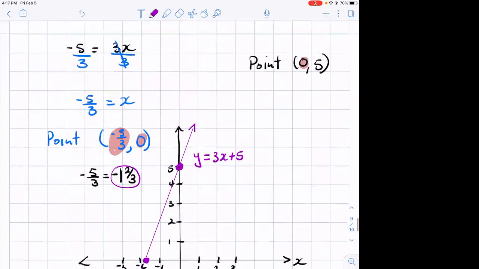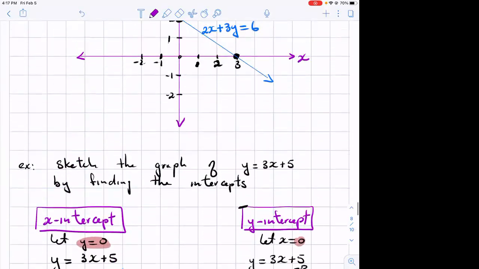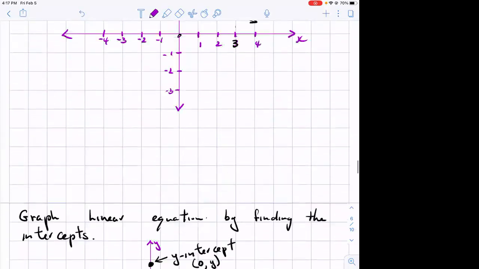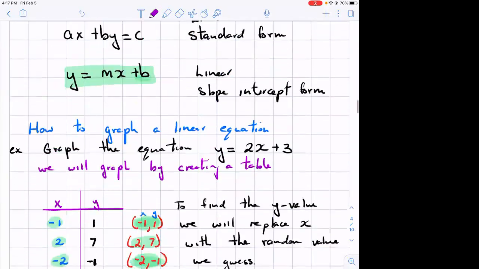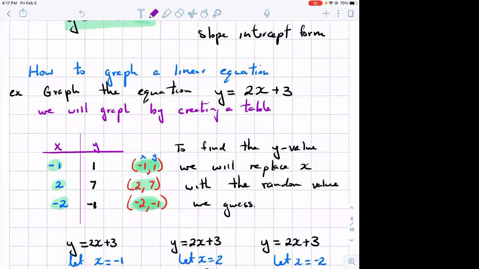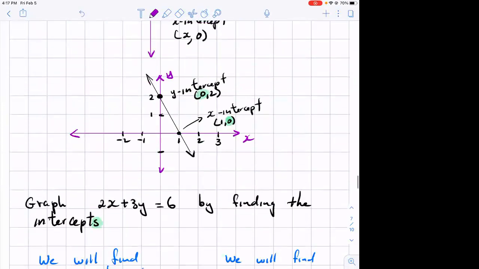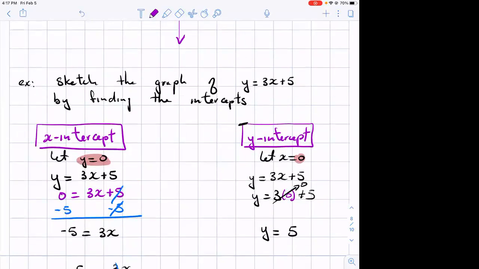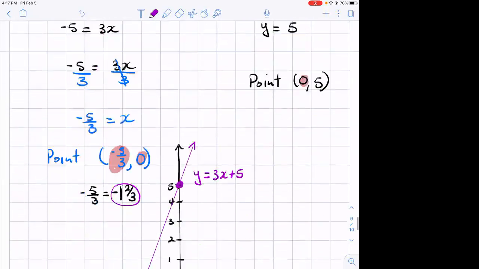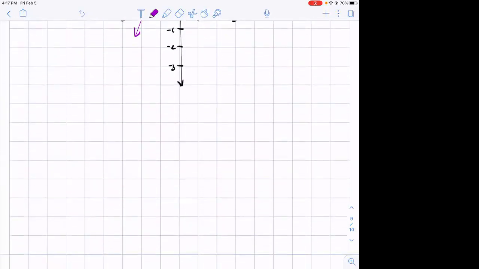So we've looked at graphing lines by creating a table, which is what we did here. Okay, that's a table. We looked at graphing linear equations by finding the intercepts, which is what we're doing here. And then there is one more that I think is more widely used other than intercepts.